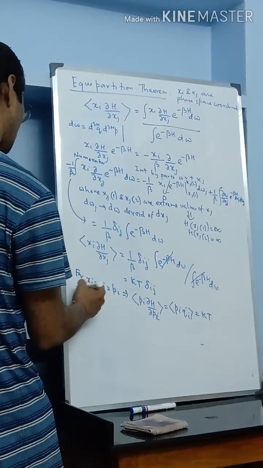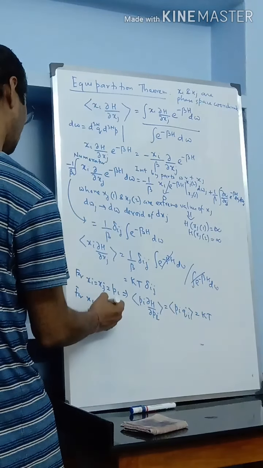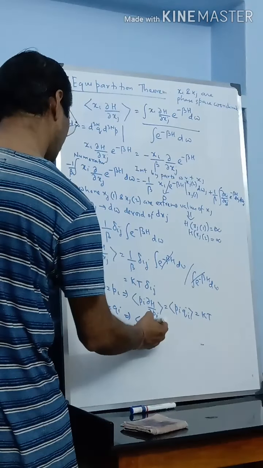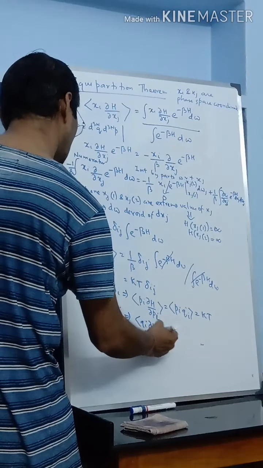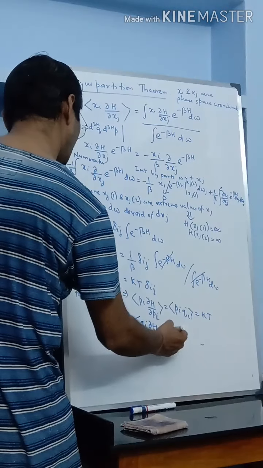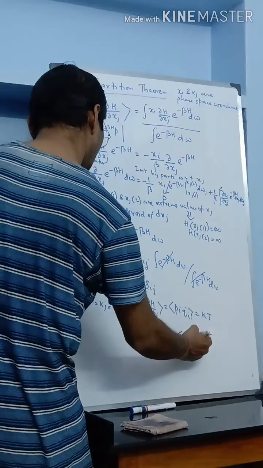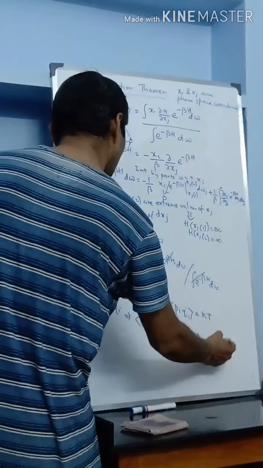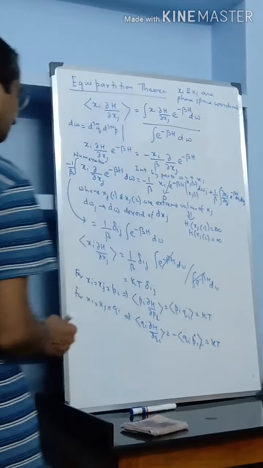Similarly, for xi equal to xj equal to qi, again we have qi del H by del qi, which is equal to minus of qi pi dot, which is again equal to kT.